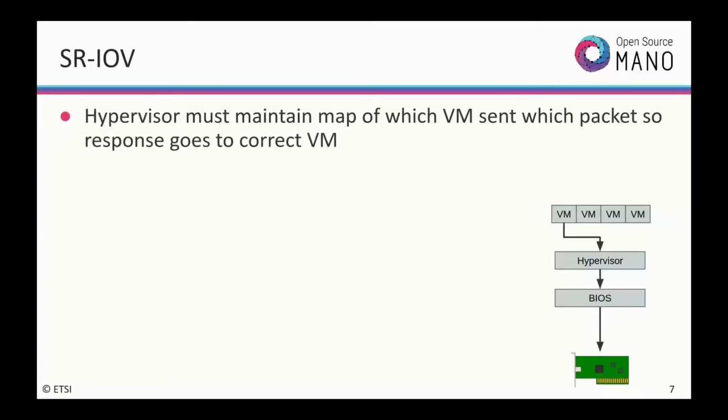So in the case of SRIOV, or in the case of network virtualization, somebody needs to maintain that table map, the translation table, as you said, between which VM generated a packet and the real packet that went out. So in this case, the hypervisor has to maintain that. And this is what we refer to as network virtualization.